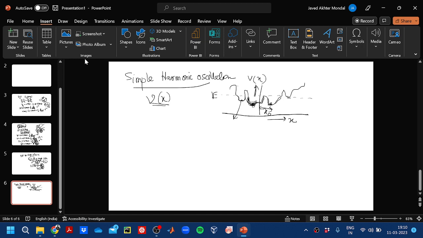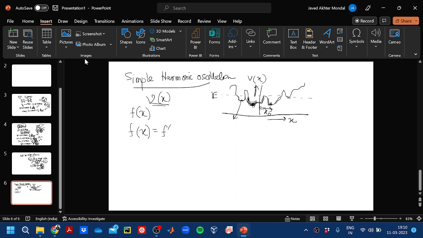If we Taylor expand our potential around the point x0, suppose we have a function f(x) and we want to expand this function around a value a. What will be the Taylor expansion?